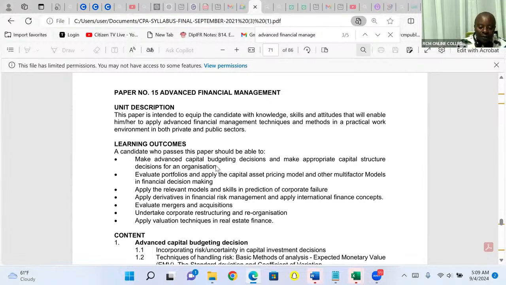Then we shall be able to evaluate portfolios and apply CAPM, the capital asset pricing model, and other multi-factor models in financial decision making. Remember, it will be very wrong of us to always put our eggs in one basket. You should never put all your eggs in one basket. You shall diversify.